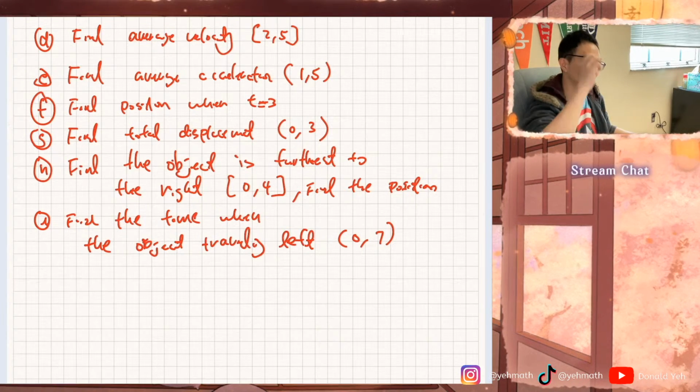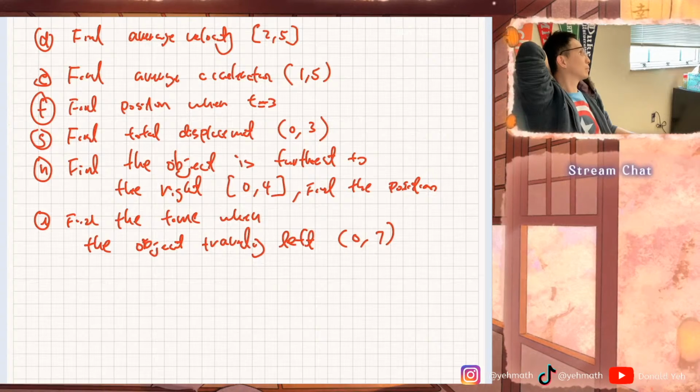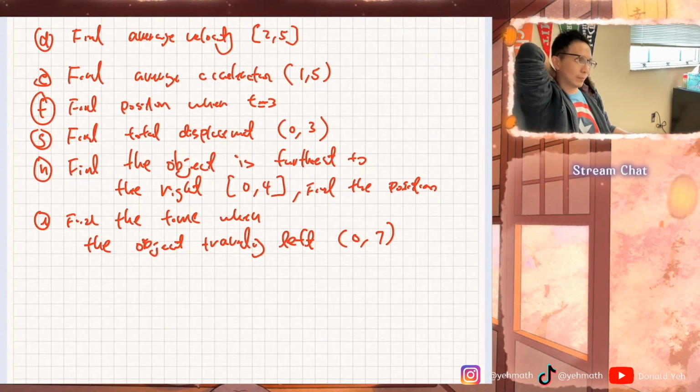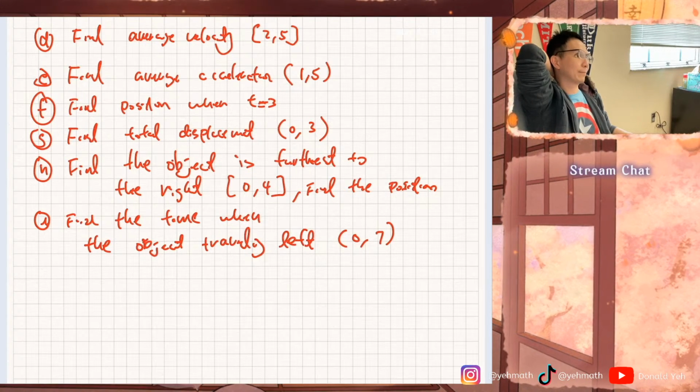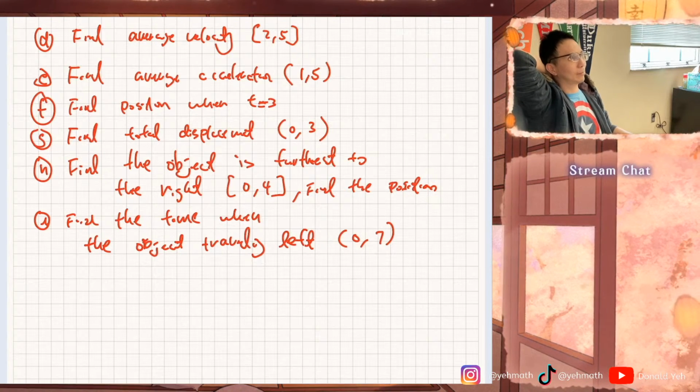So find when the object is traveling left between 0 to 7. So that'd be a variety of things. It could be a bunch of intervals, say like 2 to 5 and 6 to 7.